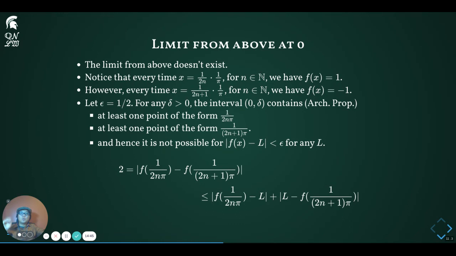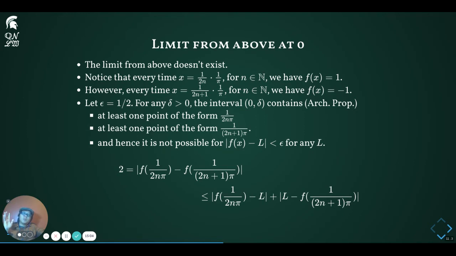Similarly, when x is 1 over pi times 1 over 2n plus 1, where n is a natural number, then 1 over x is equal to an odd multiple of pi, and f of x is equal to minus 1 there.